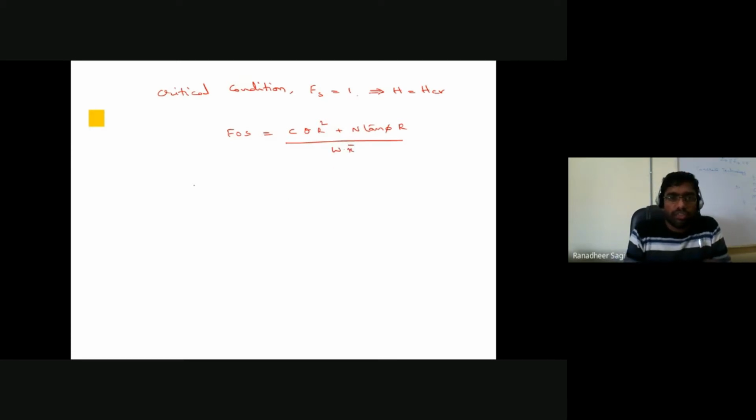And if I just want to understand the factor of safety under the critical condition, the factor of safety F is equal to 1, if this value is considered to be equal to 1.